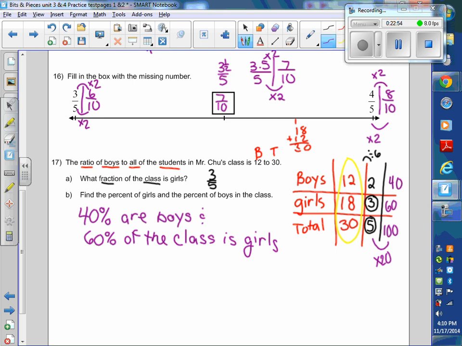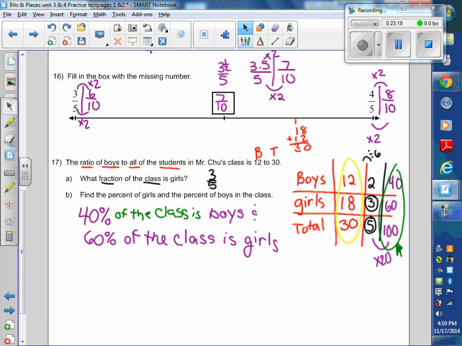So 40% of the class is boys, and 60% of the class is girls. And these are our percents because it's per 100, and we have 100 in our total column. I'm going to stop here and then make another recording of the next page.